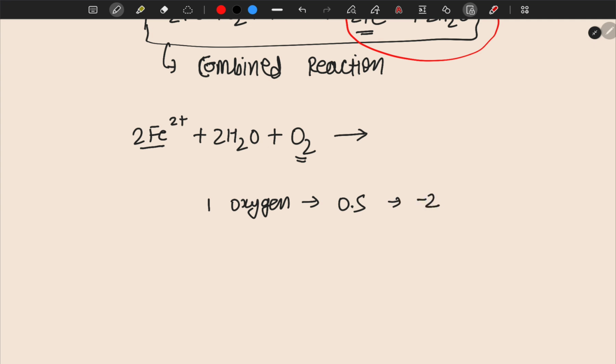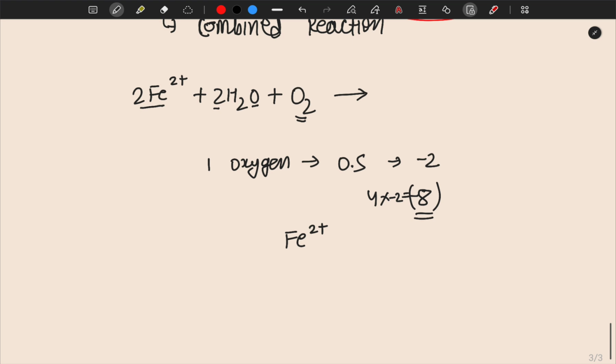Right now, if you say there are 4 oxygens, we need -8 charge, meaning 4 multiplied by -2, so you get -8. So a -8 charge is there. Now we have Fe2+, but if this Fe2+ wants to react with O2, it has to lose one more electron. Why will it lose one more electron? Because it's a transition metal. It will try to lose one more electron, and it will try to bond with oxygen.